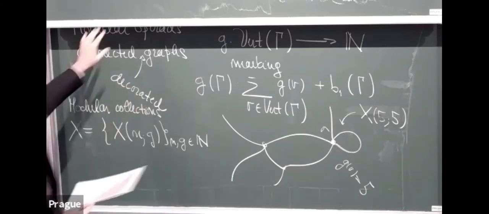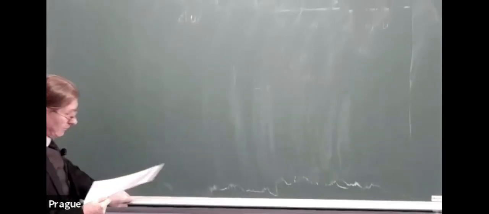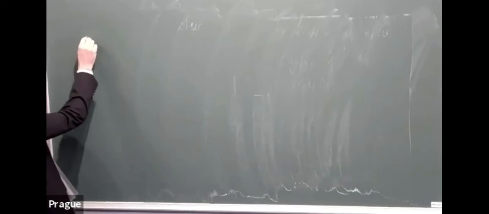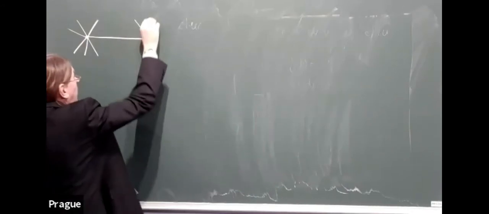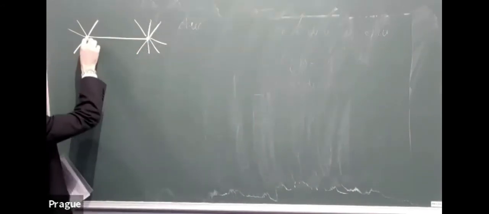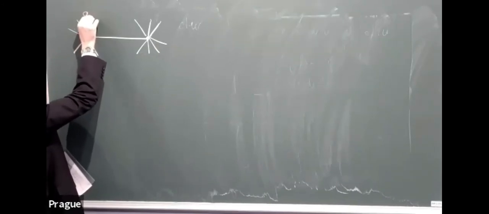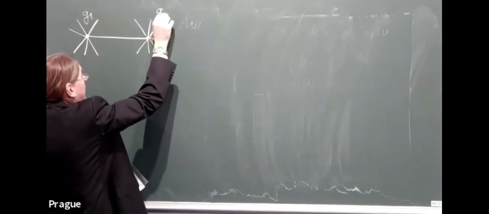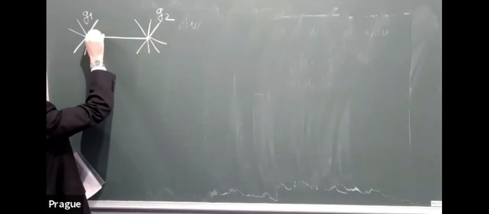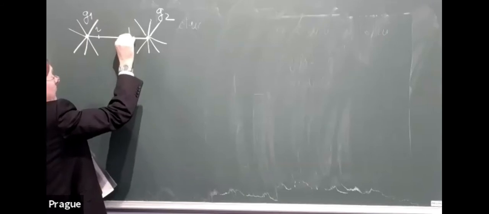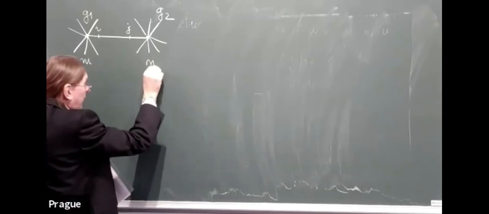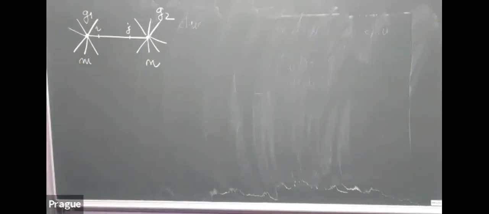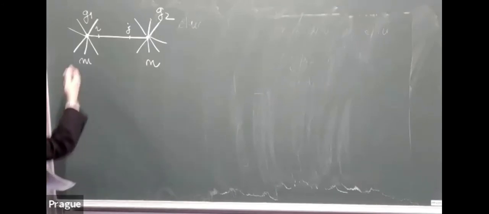And what is the biased definition of modular operads? Again, I draw the graphs which are behind the definition of the operations. Let's say this has a genus g1. It has a genus g2. It has a label i. It has a label j. And let's say that it has m inputs and n inputs. Again, I say inputs, but I cannot speak about inputs and outputs, so maybe better would be to say adjacent edges.